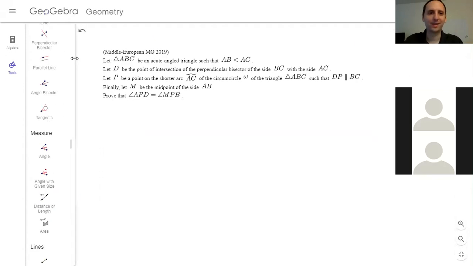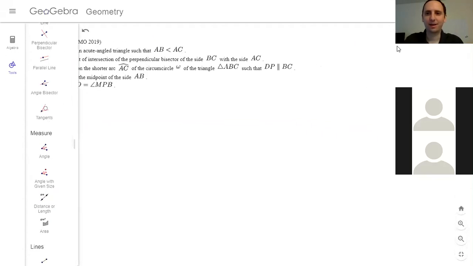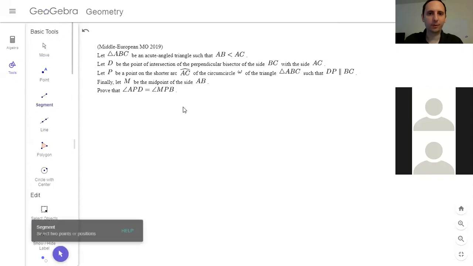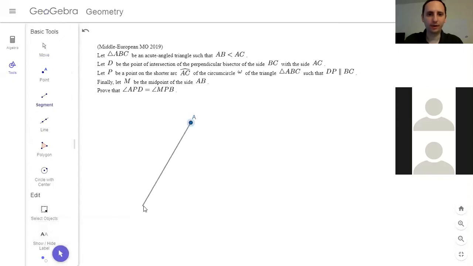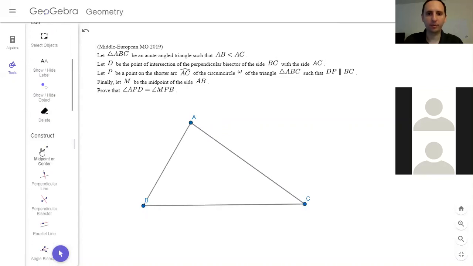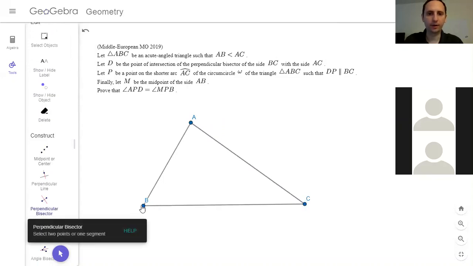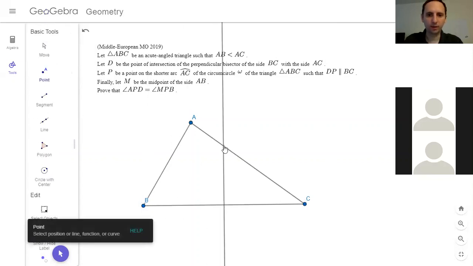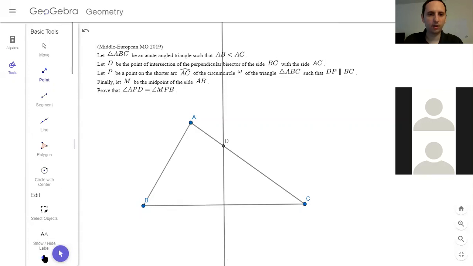Hold on one sec. Okay, so you have a triangle where AB is less than AC. D is the intersection of the perpendicular bisector of BC with AC. Okay.